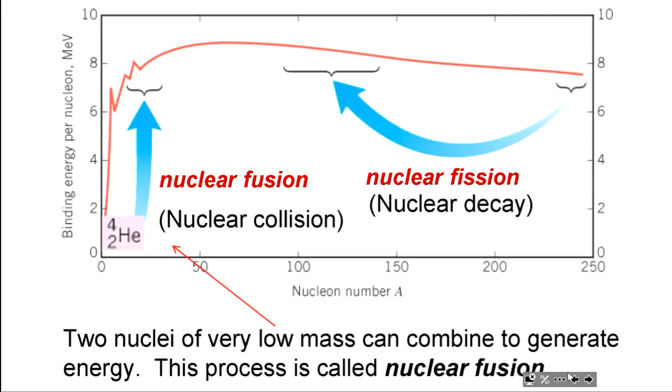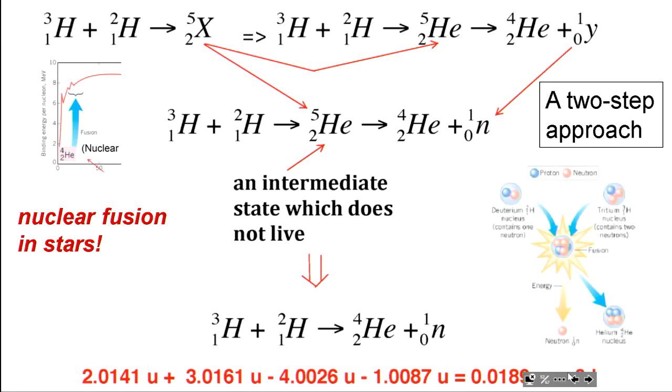From spontaneous radioactive decay, there is a certain amount of energy. It's been calculated. But it turns out we can gain even more energy if we collide together stable nuclei. In that case, the amount of energy released is much, much larger.